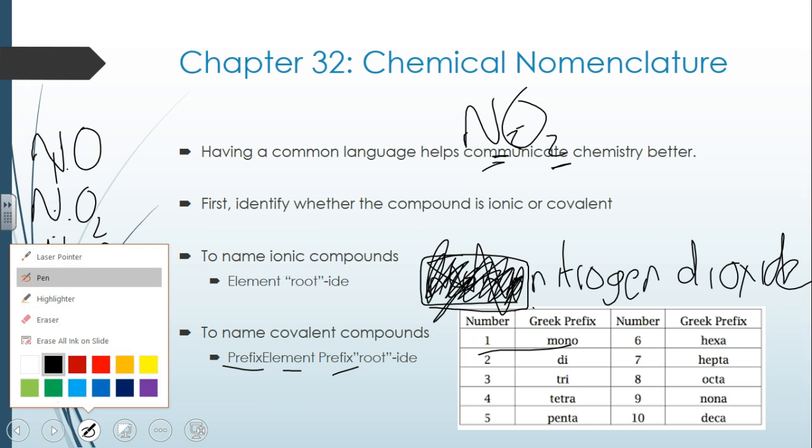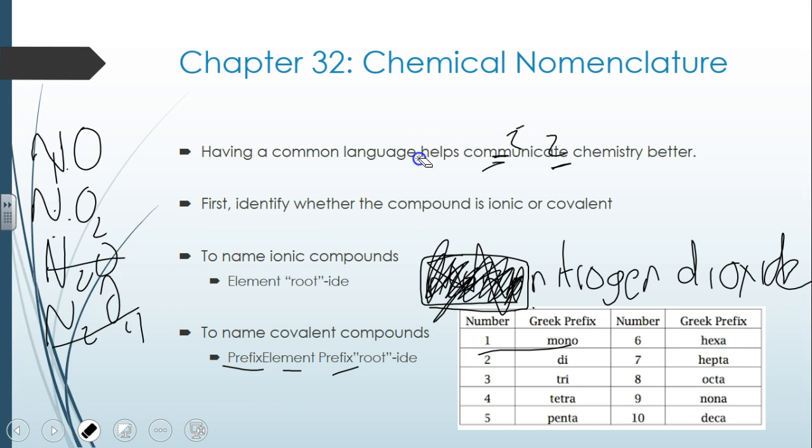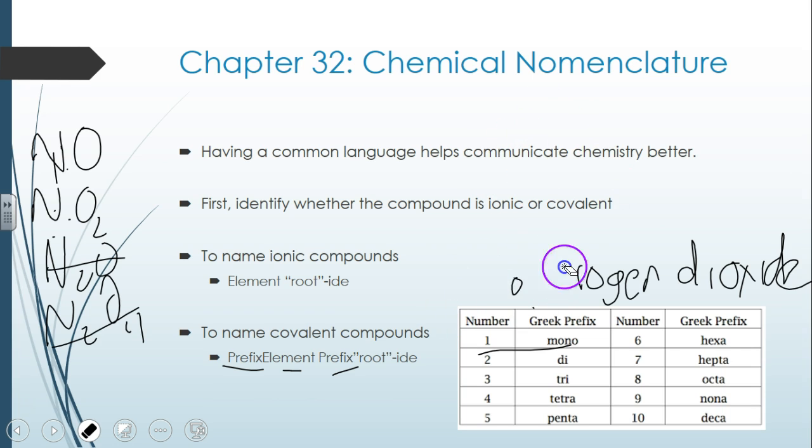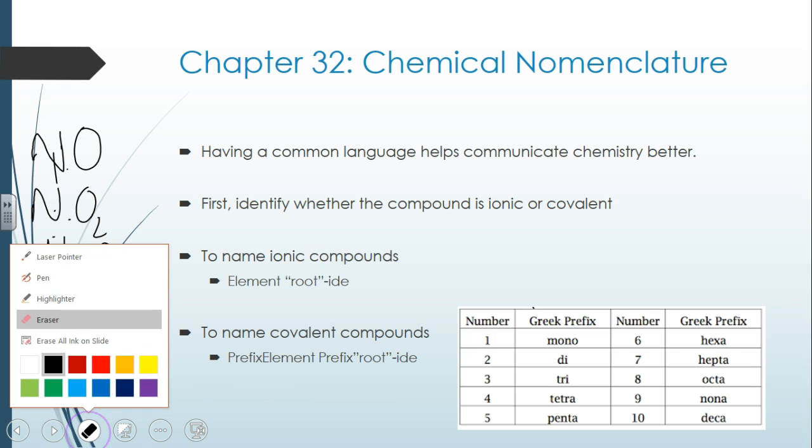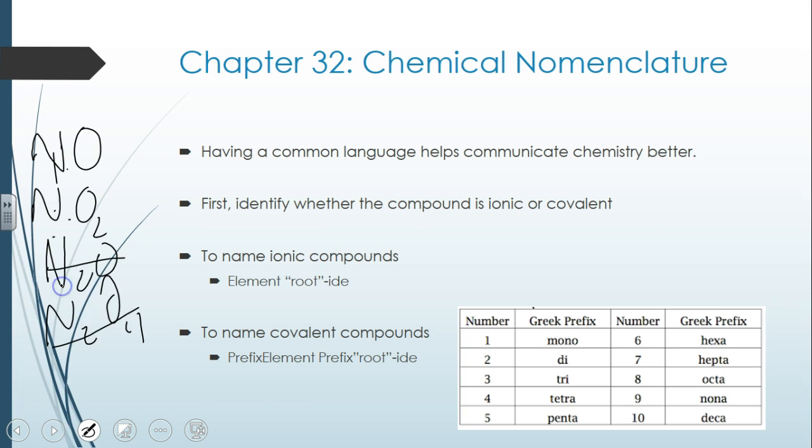Okay, so let's try that one more time with the last one. The last one is NO. Again, even though it's not written, I'm always going to write it and then erase it at the end.